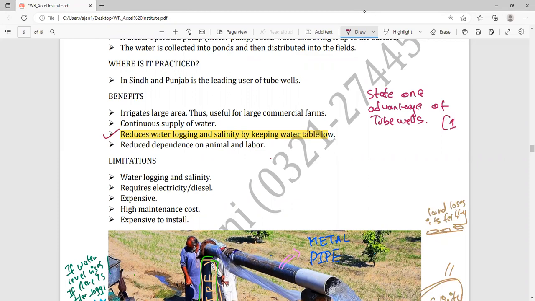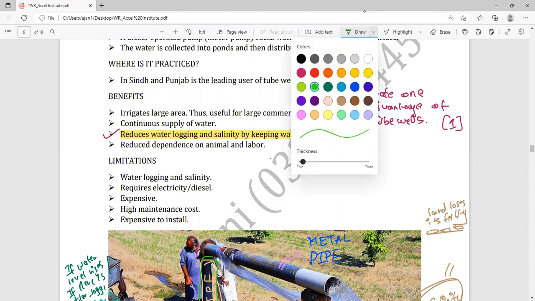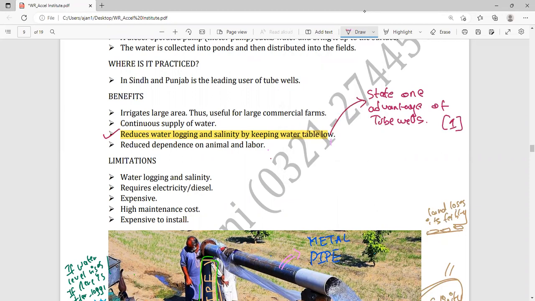But if the question says, explain two advantages of using tube wells, then you simply start with this.